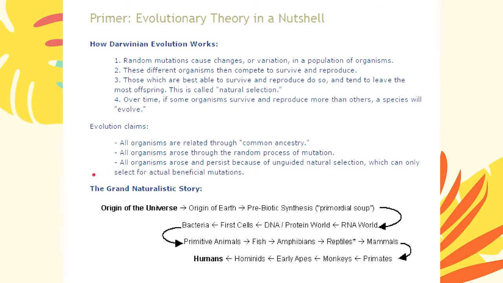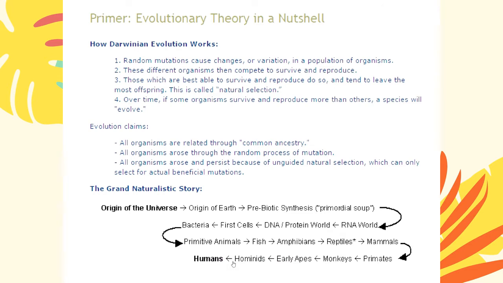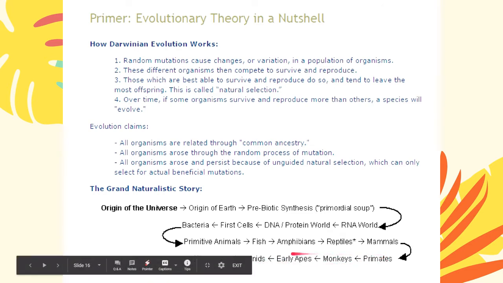Now, if we extrapolate and study it deeper, this is what evolution was trying to say: that humans are related to other mammals such as other primates, other monkeys, and that mammals are related to reptiles, fish and amphibians, and we can trace back in time to where life started.